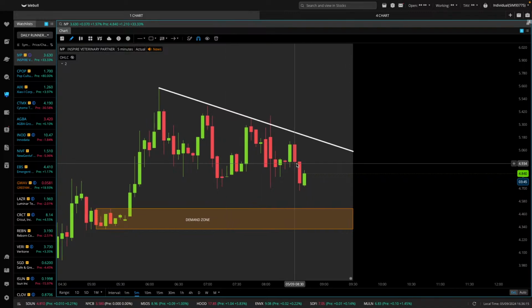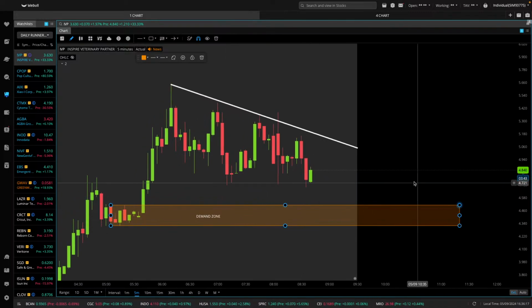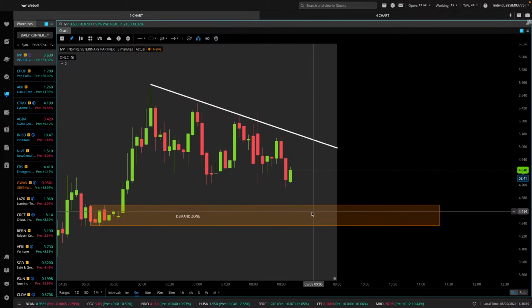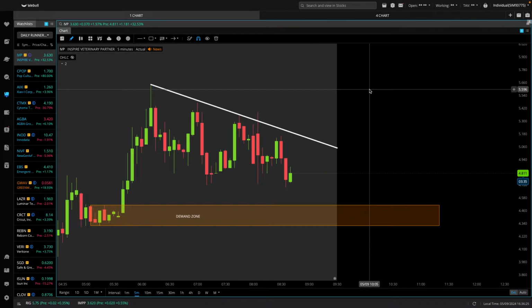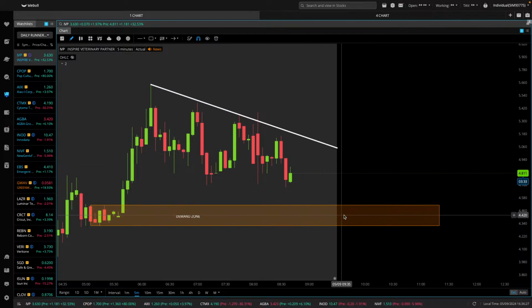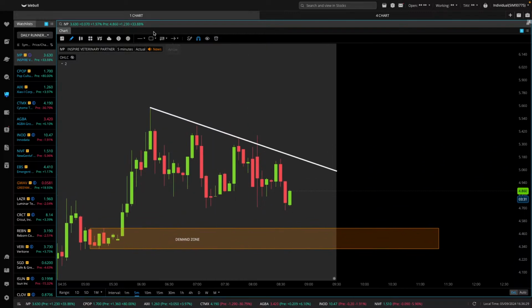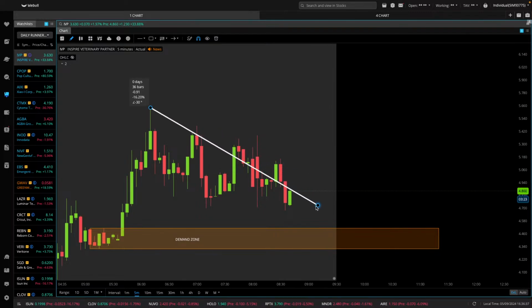So with that being said, we look for entries around the demand zone because this is where the buyers step in, and then hopefully this is where the price starts to reverse. So you have to wait for it to come into the demand zone. Or the other way you can look for entries is if it breaks the trend line. For example, if the trend line was like this and it broke above here, you see this?